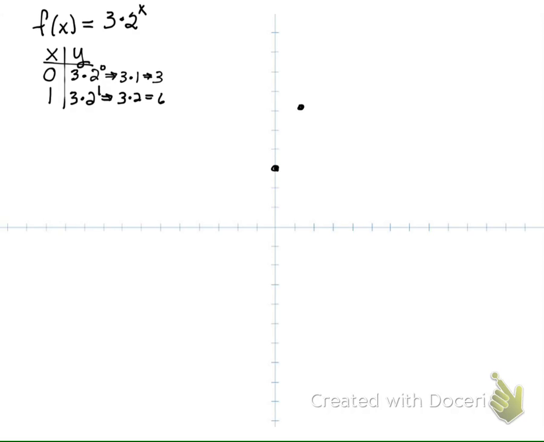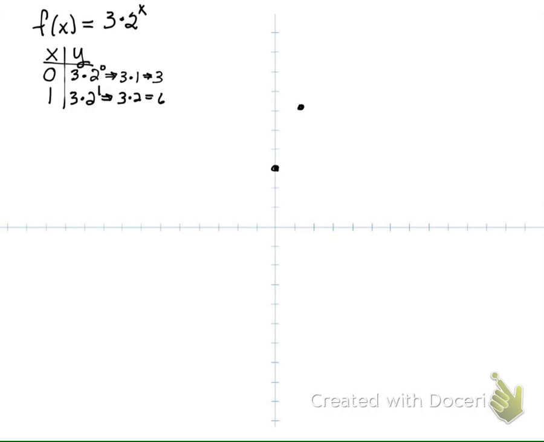I have these 2 points, and they give me the shape that I'm going to have for my exponential curve. Now remember, I have that asymptote, right? My asymptote's the x-axis. See, I could put a really, really huge negative number in. Would it ever make my output become negative? Do negative exponents ever make anything negative?